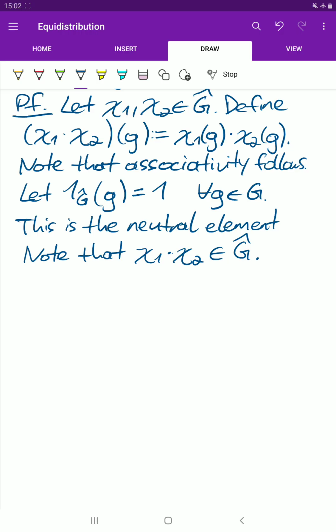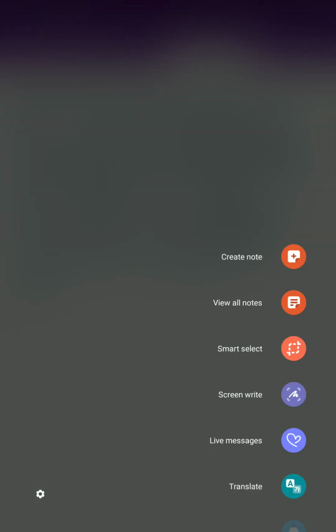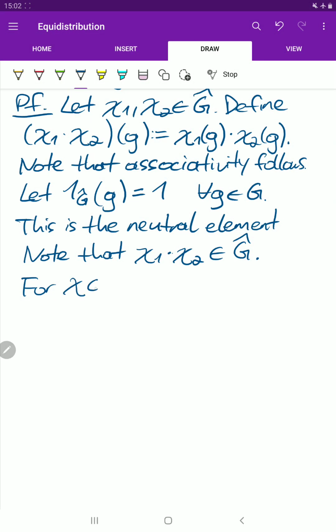Okay, and now lastly, for chi in the group of characters.